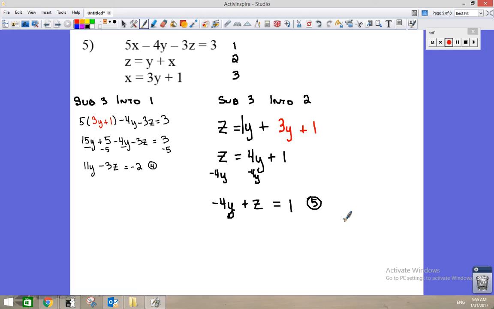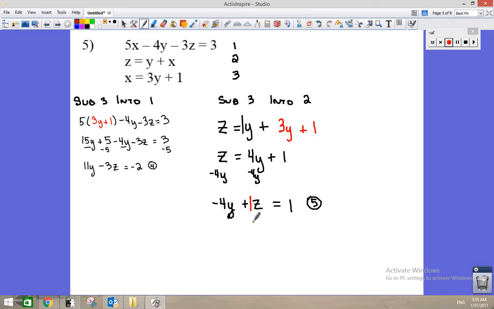So now, if we look at equation 4 and equation 5, it's to our advantage to look for a coefficient of 1, or to see if they have coefficients that are equal and opposite. Since this is a negative 3, I would love for this to be a positive 3, because then I could eliminate the z variable by adding these two equations together. But as it is right now, if I add them together, nothing will be eliminated.